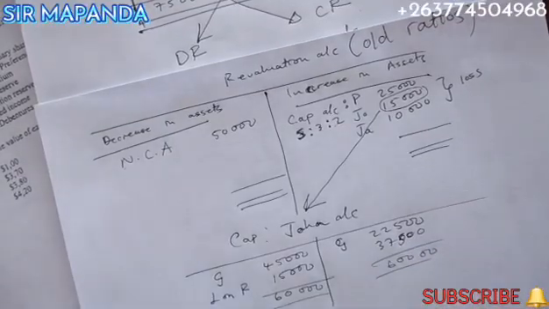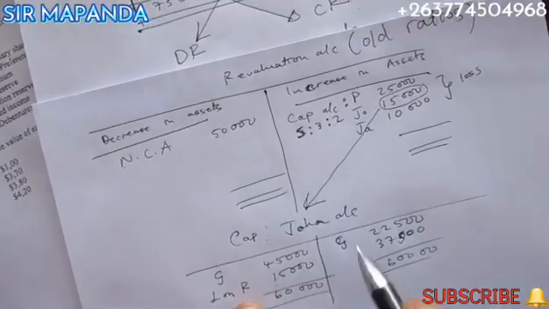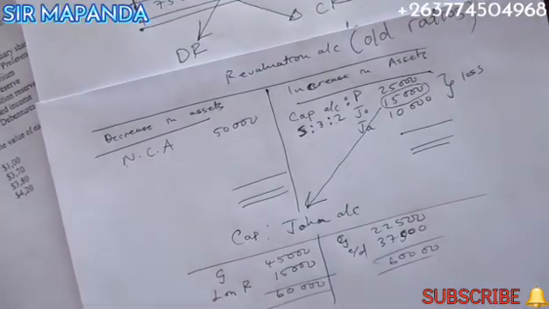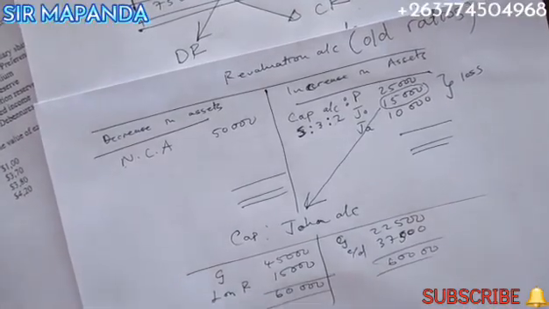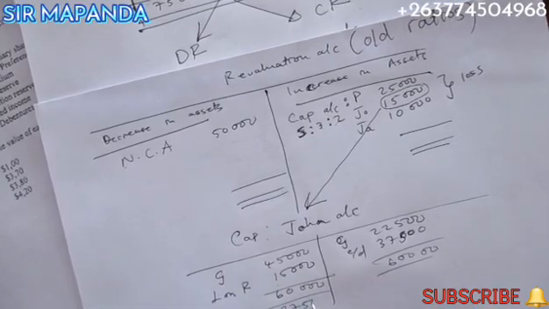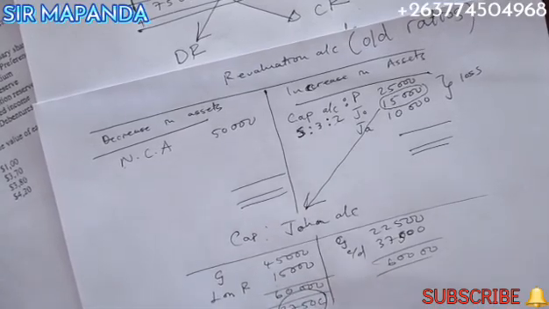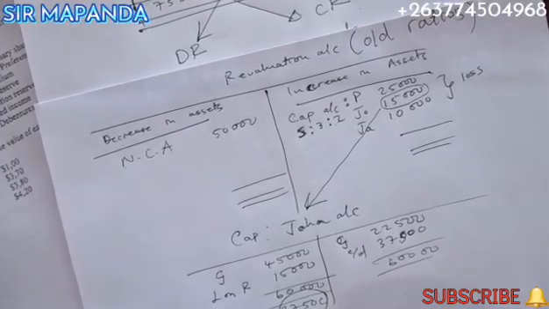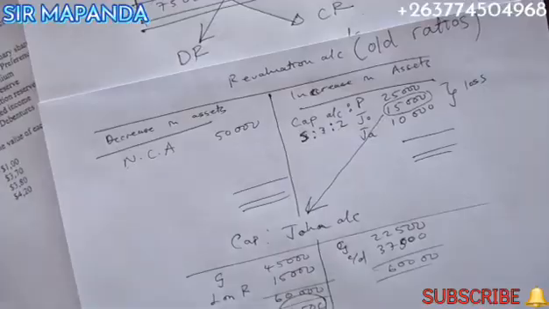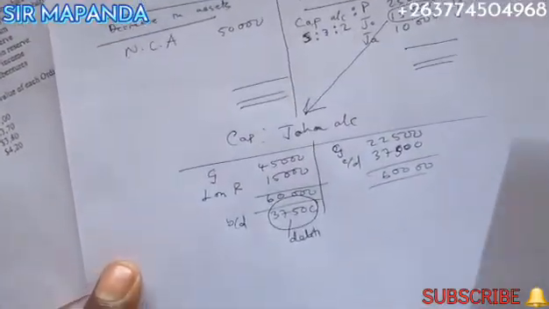I hope you are following. And this 37,500 is representing more of a c/d. If it is brought down, you get 37,500. So the net adjustment is 37,500, but debit. So where is the answer? Right.